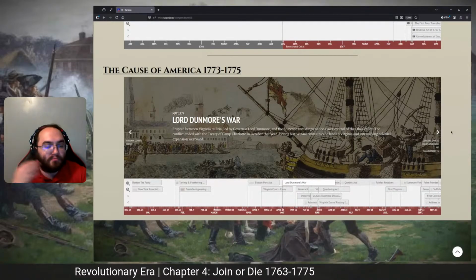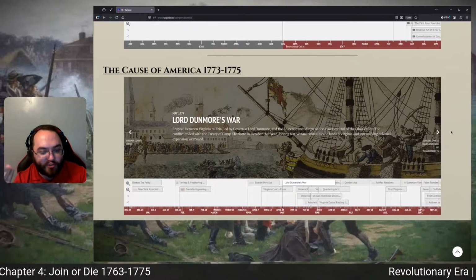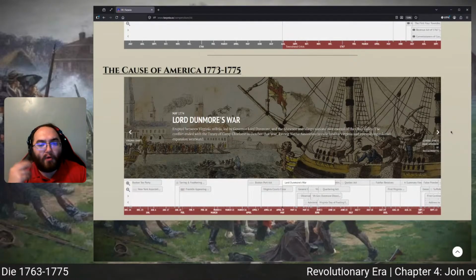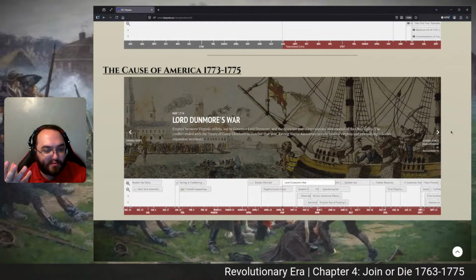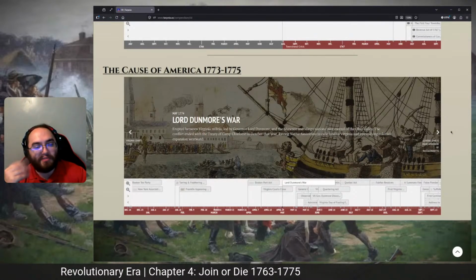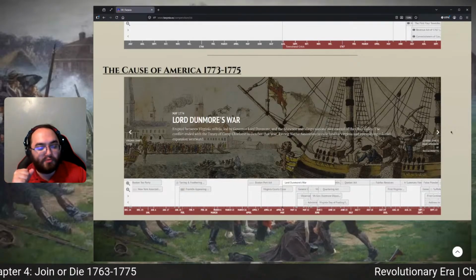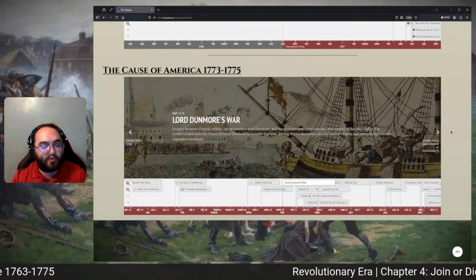And so in an incident like this, Lord Dunmore, the royal governor of Virginia, allowed more land from Native Americans who aren't allied with the English to be ceded from the natives and brought into Virginia territory.